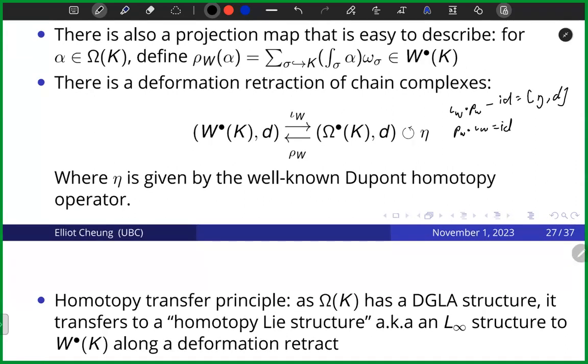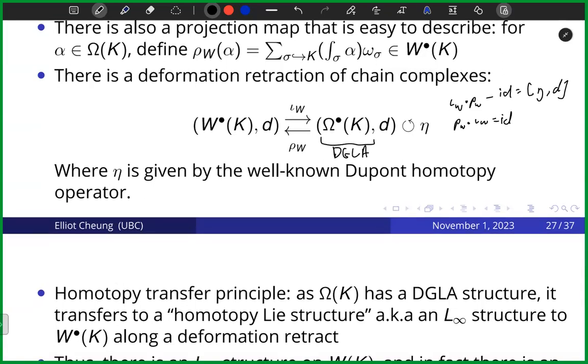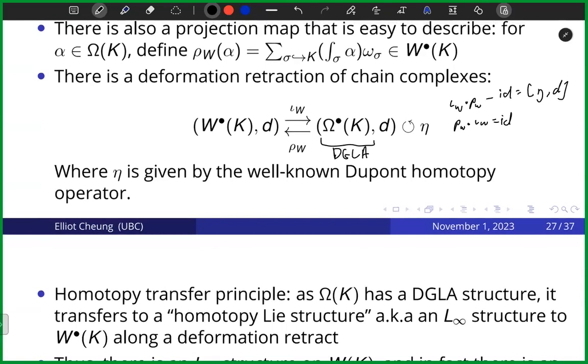Now, in this situation we have two chain complexes, and on this side, we have the structure of a DGLA. So what happens under deformation retracts is that we get a homotopy version of the structure on the right onto the contracted complex, and that's an L infinity structure.